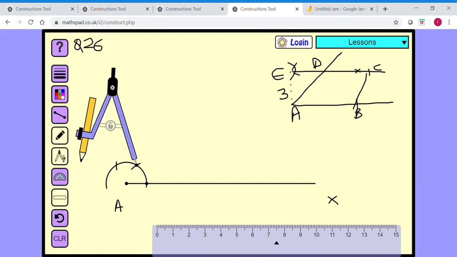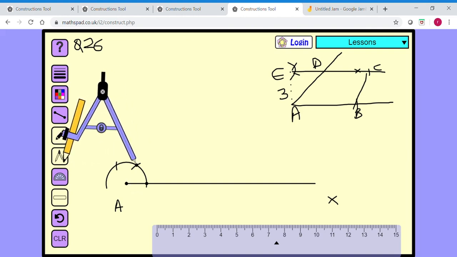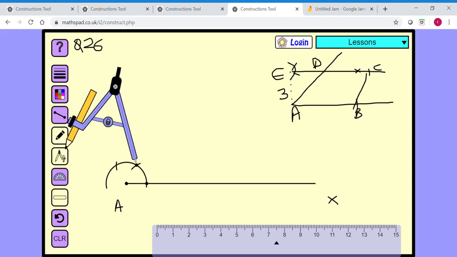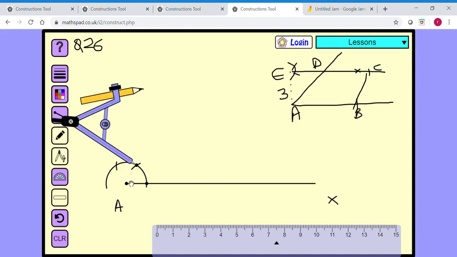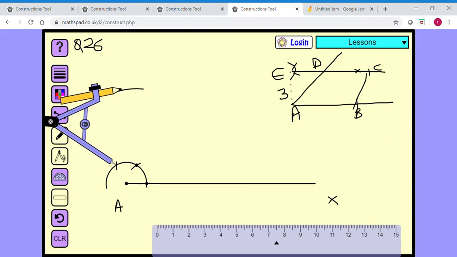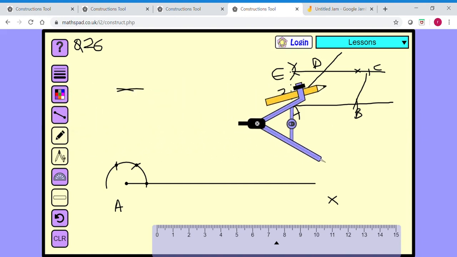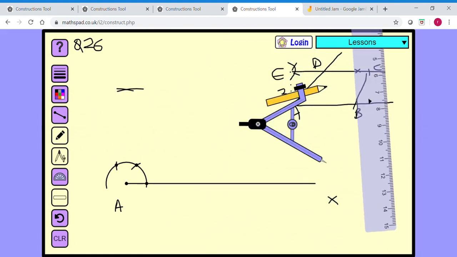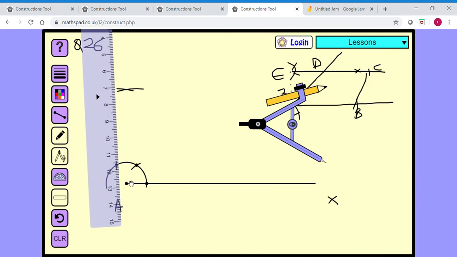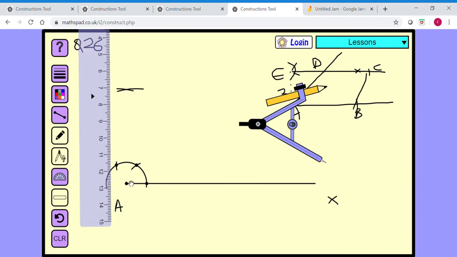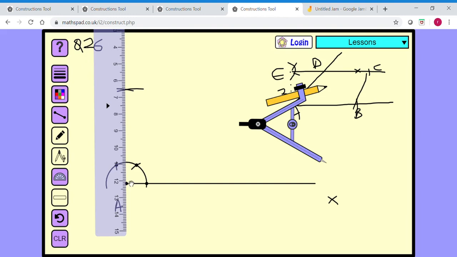Open the span slightly longer and make the 90-degree mark somewhere here, and pick it up, keep it at 120 degrees and cut this line mark here. This gives me my height, and I will have to join it using a dotted line because this is not a part of the diagram that I have. Perfect.